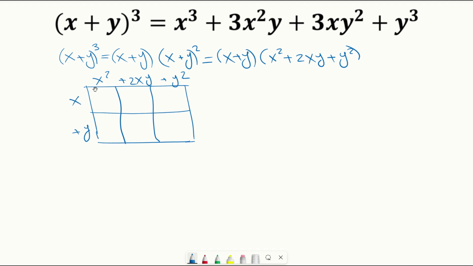So x times x squared, for example, we know is x cubed. X times 2xy will be plus 2x squared y. X times y squared is going to be positive xy squared, and then for y times x squared we get positive x squared y. Y times 2xy will give us positive 2xy squared, and finally positive y times positive y squared will give us positive y cubed.